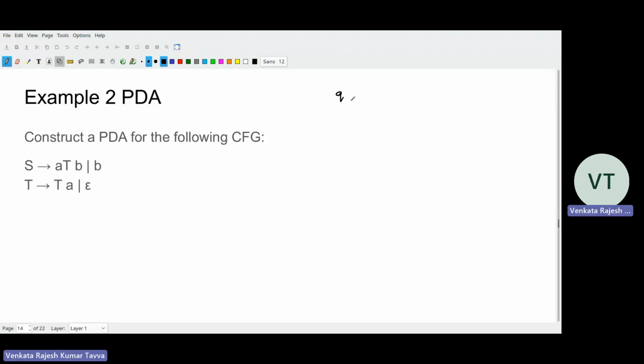Let's draw. So we start with Q start, and then we go to Q loop. Here, what should I write?